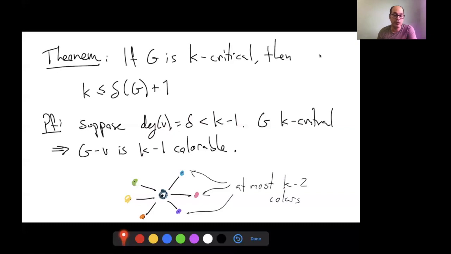In other words, if we could do this, then we could color G using k minus 1 or fewer colors. And that would have told us that the chromatic number of G is less than or equal to k minus 1, but G was k-critical, so its chromatic number was k, and therefore it wasn't k minus 1 colorable. That contradiction is what we were aiming for, and therefore we've proved the theorem.